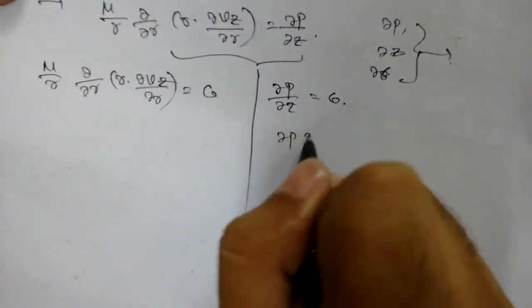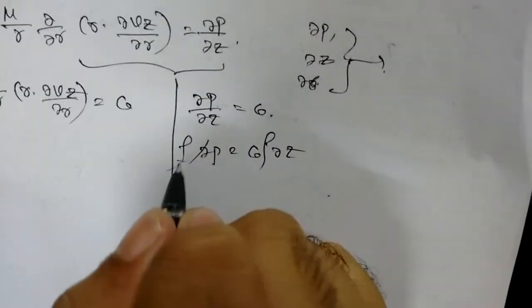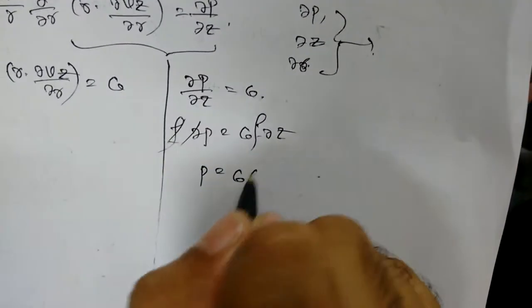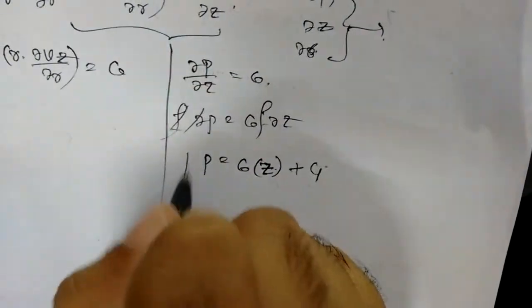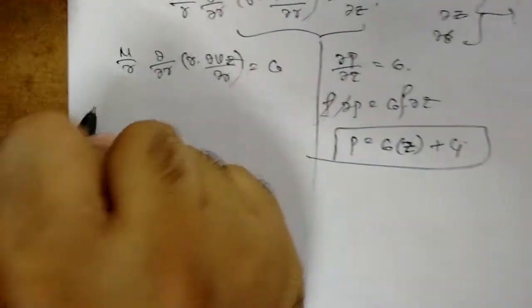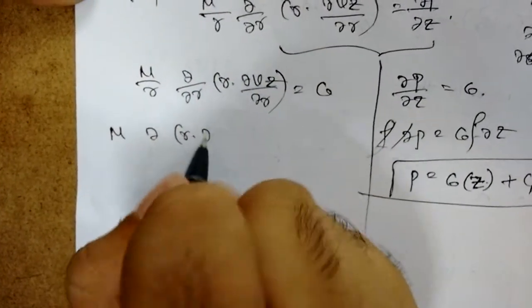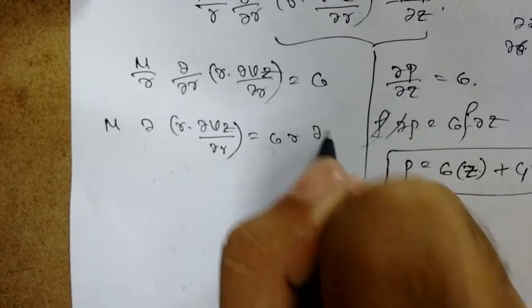If I integrate dou P equal to C naught into dou z on both sides, then dou cancels, P equal to C naught into z plus C1. And the second one: mu into dou of r into dou Vz by dou r equal to C naught into r into dou r.